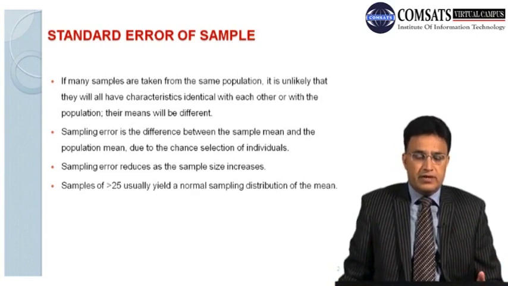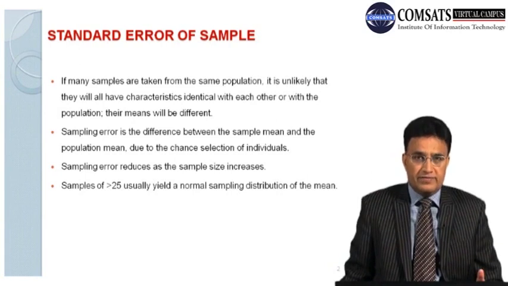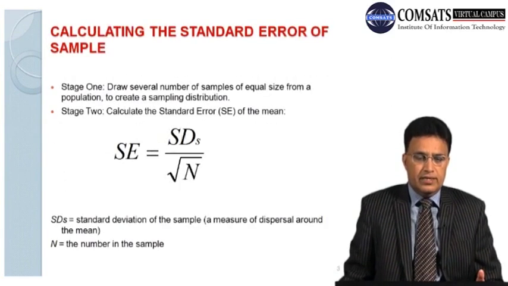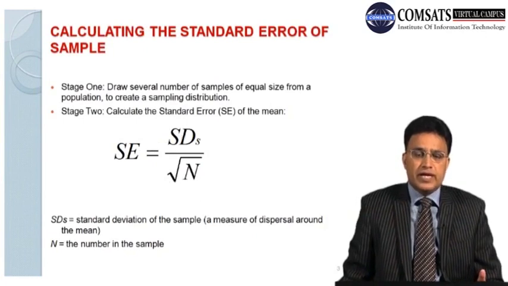If the samples are less than 25, they usually yield a normal sampling distribution of the mean. How do we calculate a standard error of sample? It is calculated in the following way.